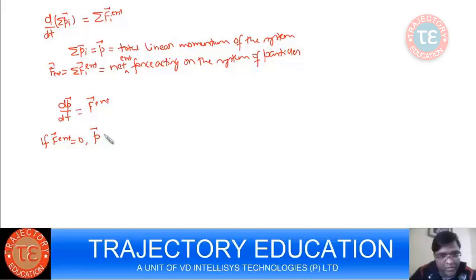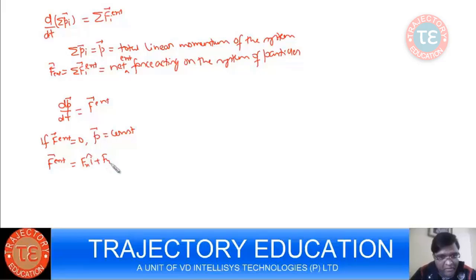Now, if this FExt is 0, it means the linear momentum of the system is going to be conserved. This net FExt may not be 0 completely, but one of its components may be 0. Many times you have the case where the resultant force entirely is not 0, but one of its components is 0.